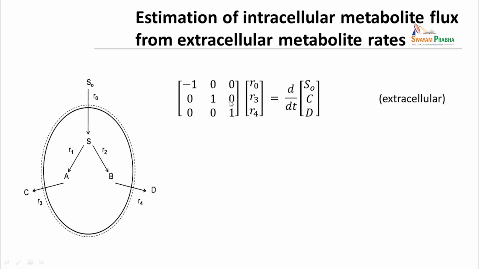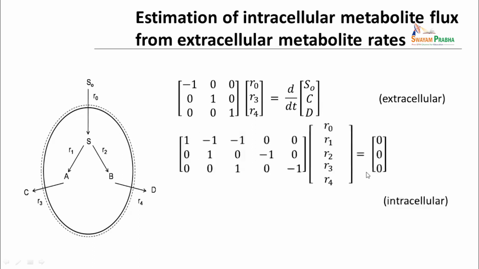-1 0 0, 0 1 0, 0 0 1, R0, R3, R4. These are the rates that correspond to extracellular metabolites, equal to d/dt of S0, C and D. The equations corresponding to extracellular metabolites have been written in this matrix form. And this is the intracellular one. If S0, C and D can be measured, you can calculate these, right?